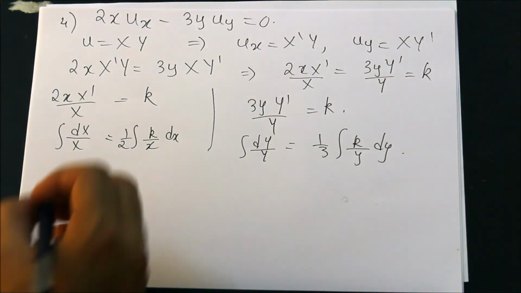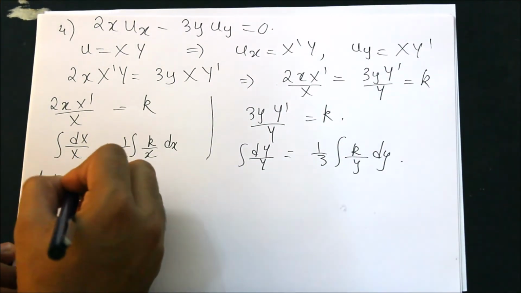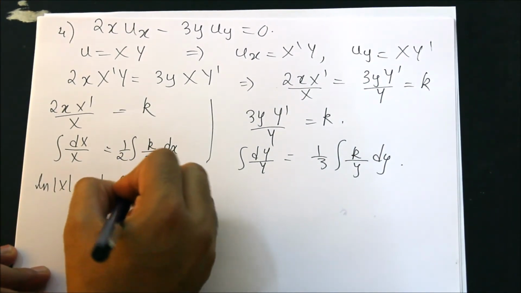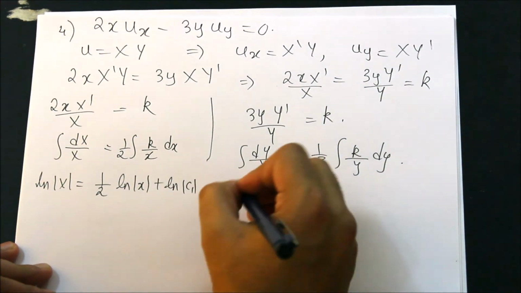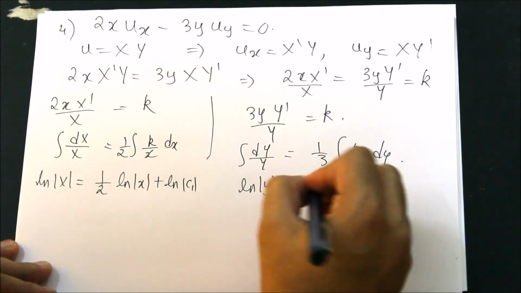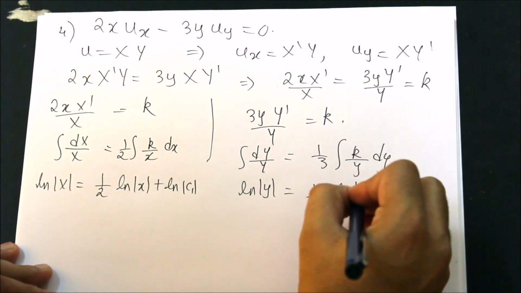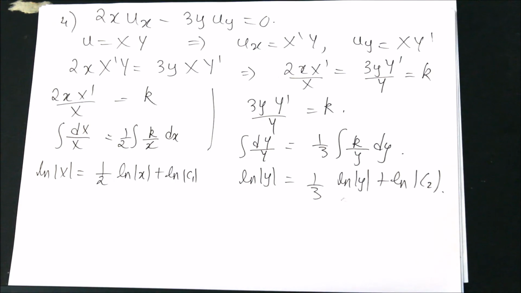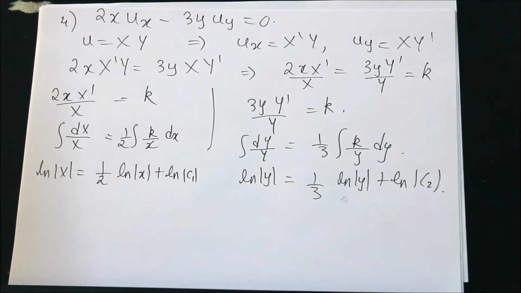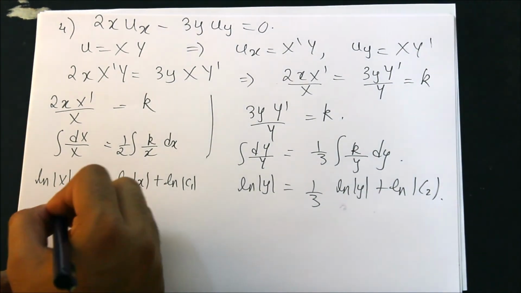And so this is nothing but ln of mod x equal to 1 by 2 ln of x. You can take ln of c1 so that the ln will go away. Ln of mod y equal to 1 by 3 ln of y, plus you can take ln of c2, so that the log will go away. And when you try to simplify this, what is my x?